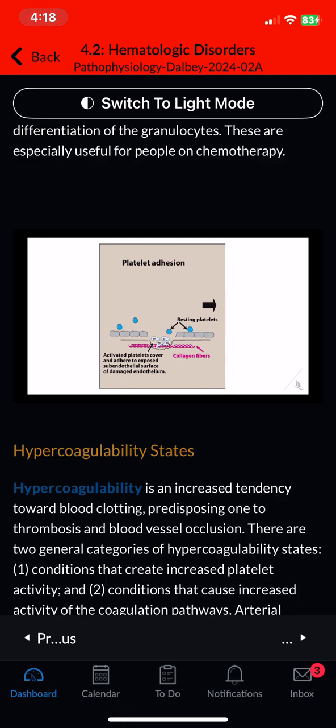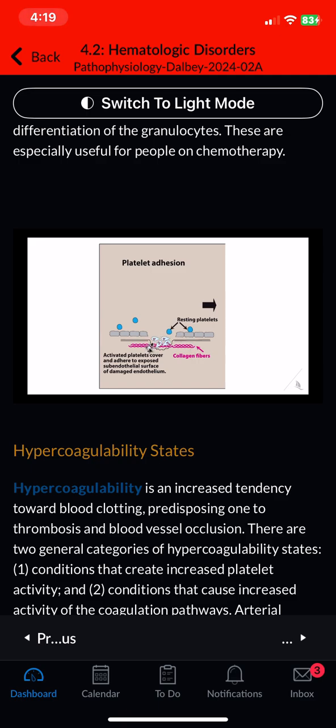So we'll first be looking at that platelet plug formation. So here we can see a damaged blood vessel, and underneath the blood vessel, so these would be the endothelial cells, we can see that there are collagen fibers. So this disrupted endothelium is exposing the collagen in this subendothelial space. So the platelets can adhere to the collagen, and that activates them.